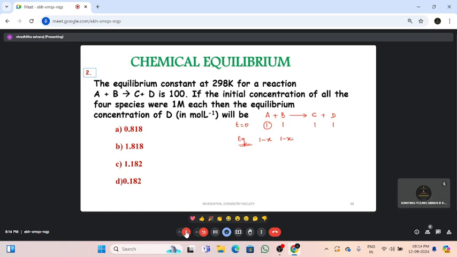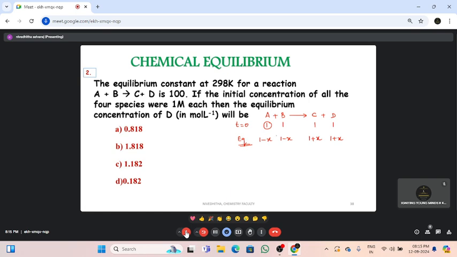So whenever chemical reaction is occurring, reactant's concentration will get decreased and product's concentration will get increased. Now at equilibrium, concentration of C and D will be greater than 1 because initially itself it was 1 molar. Here X quantity was reacted, so here X quantity would have been produced. So the concentration of C at equilibrium is 1 plus X and the concentration of D at equilibrium is also 1 plus X.